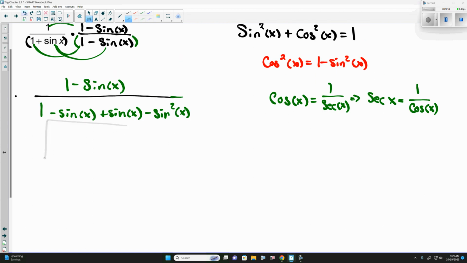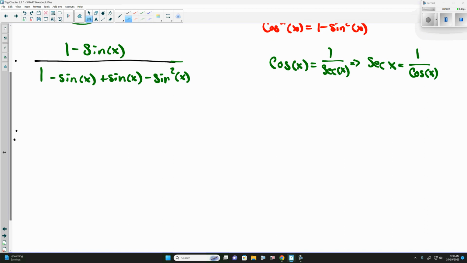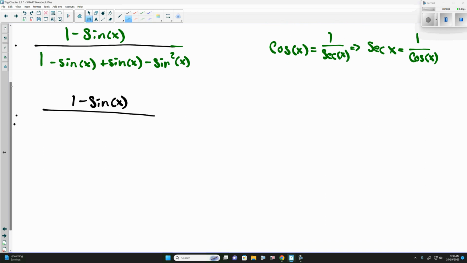Apparently we're going to scroll. The numerator is still 1 minus sine of x. The denominator, well, middle terms cancel, giving us 1 minus sine squared of x.